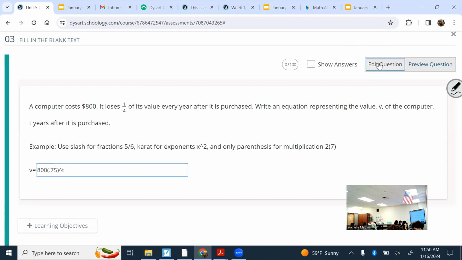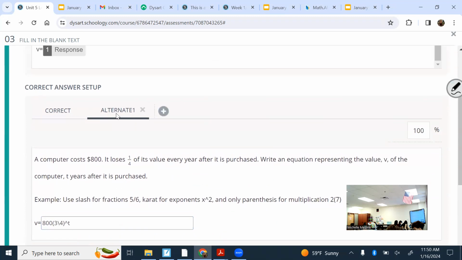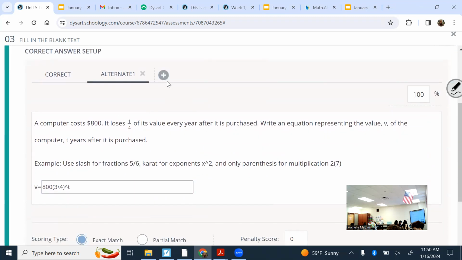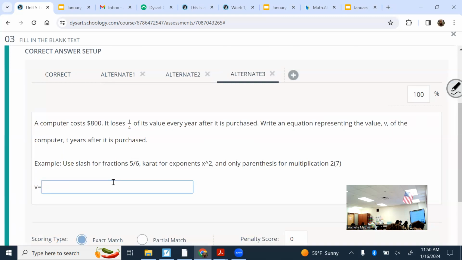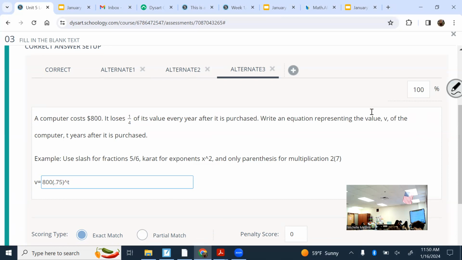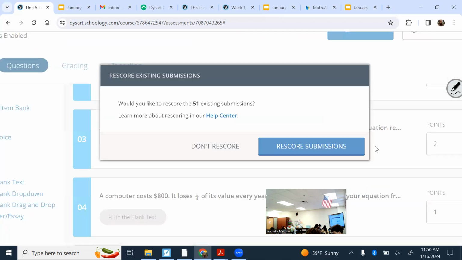Nope, so I need to add that because that is still correct. So you could type it like this or with the other slash. But I'll add it so that it does 0.75. Normally when it's fractions, they want you to use the fraction instead of the decimal. But if it's a decimal that ends, you can use the decimal. That's fine. I might need to add that to everyone else's, so.